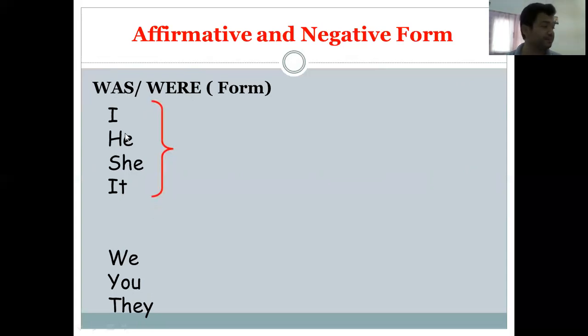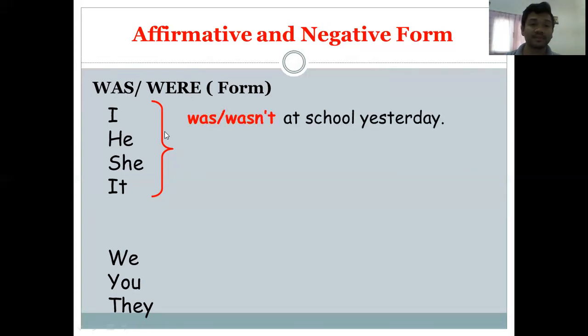And we have here was and wasn't. I was or wasn't at school yesterday. Now, was here is affirmative, and to make it negative, we have to make it wasn't. That's how you make it negative form. So I was or I wasn't at school yesterday.